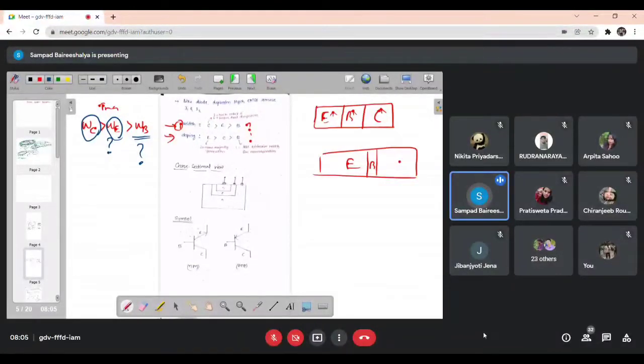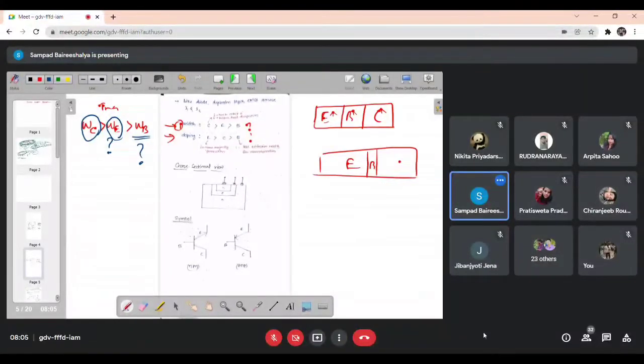So indirectly, you have to decrease the length of the base. Once you decrease the length of the base, it is very difficult for the carrier coming from the emitter side to recombine. Is that clear?